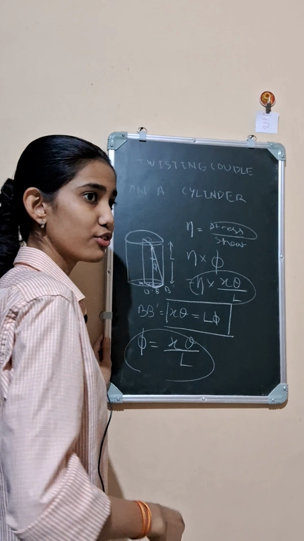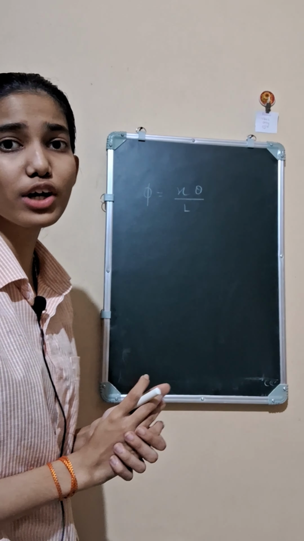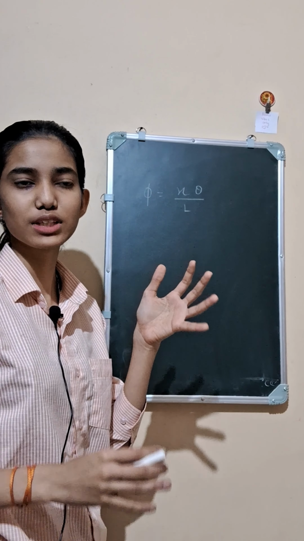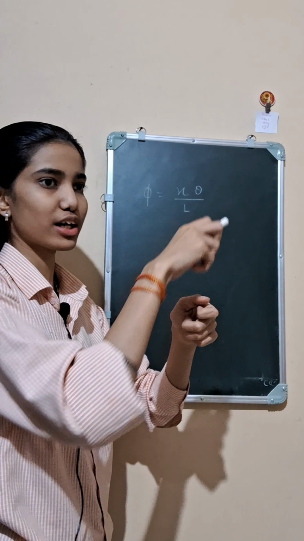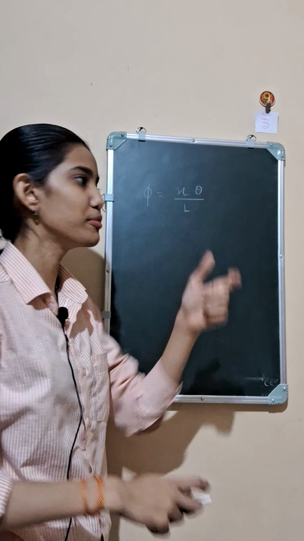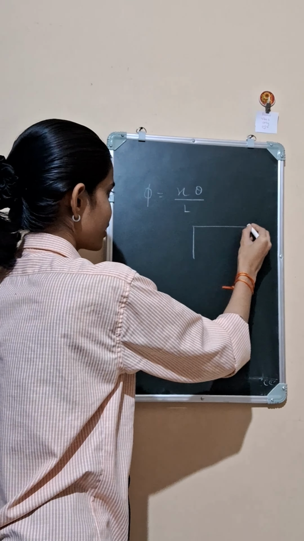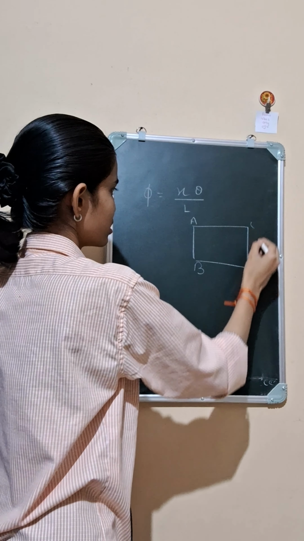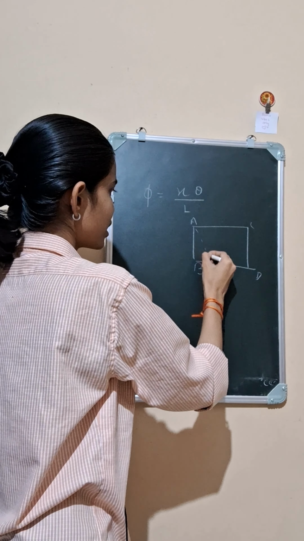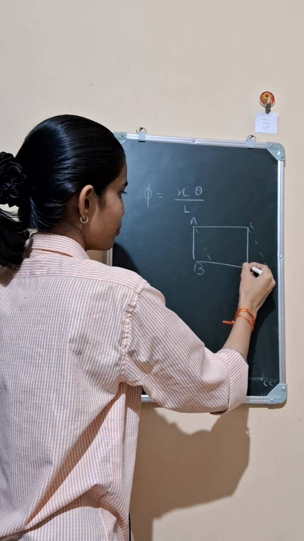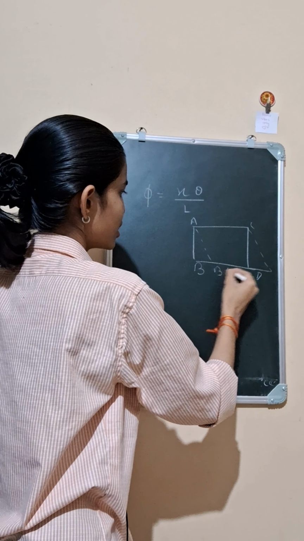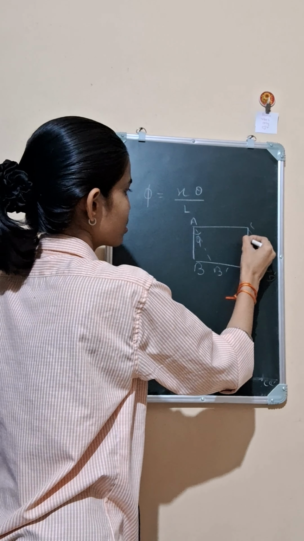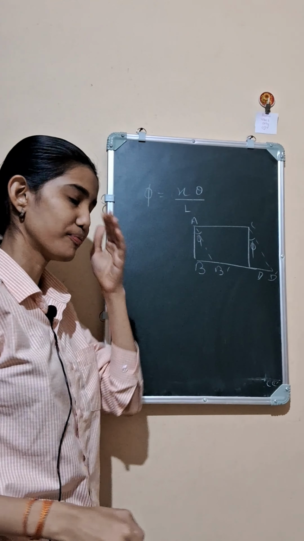We can calculate the force. Now we have phi equal to x theta by L. If I just open the cylinder, meaning if I take a blade and cut it along the line AB, then I will get a rectangle looking something like this, A, B, C, D. And after the application of the couple, B shifted to B dash, D shifted to D dash, making a shear of phi.